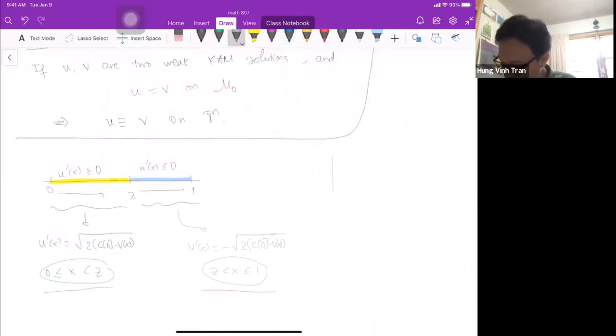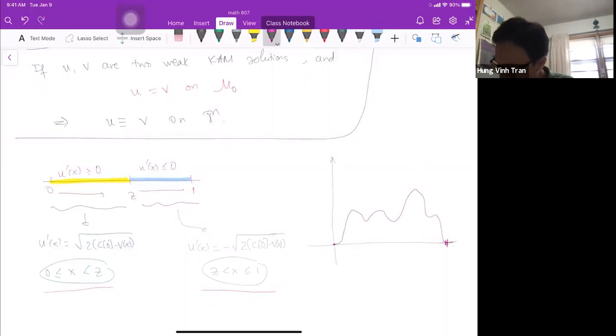Okay, so maybe let me redraw the picture here so that I'm not confusing you guys about our choice of z. So we have this function going from 0, going up, down, something like that. Okay, maybe this is better.